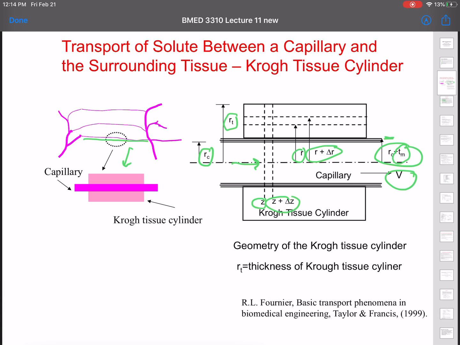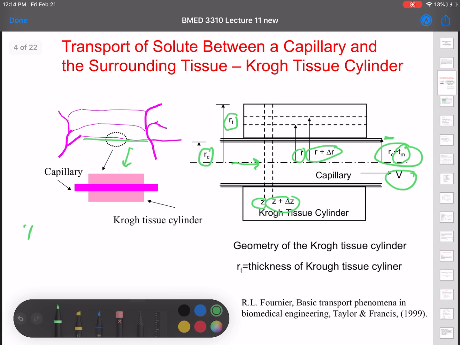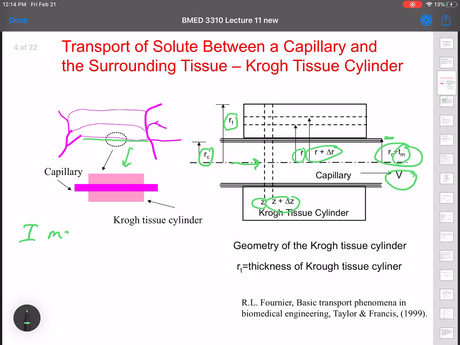Okay, so we're going to derive 3 different equations. The first is a mass balance.